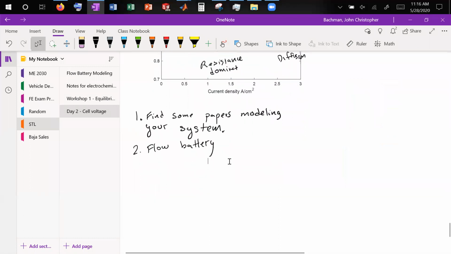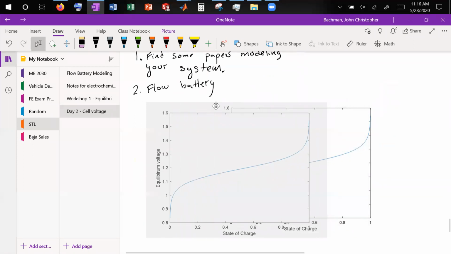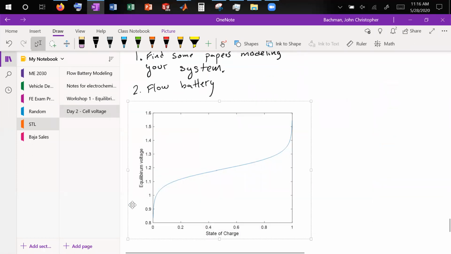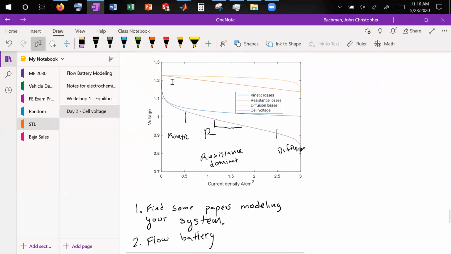So for the flow battery folks, what you could do is try to produce something like this, looking at maybe a couple of different current densities. If this value right here is the equilibrium voltage, 1.22, here is going to be my loss all the way down to 1.